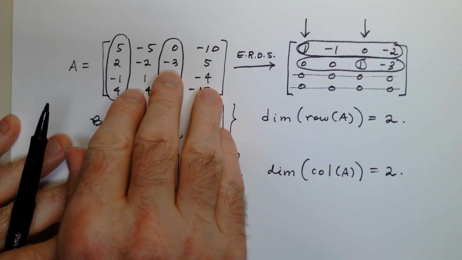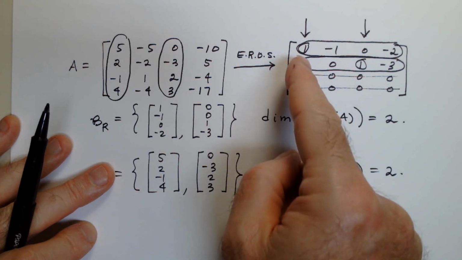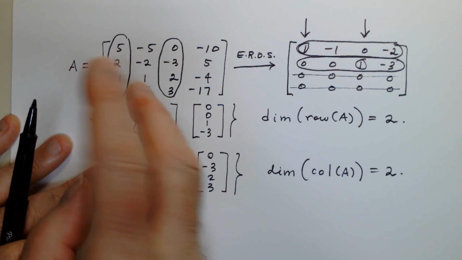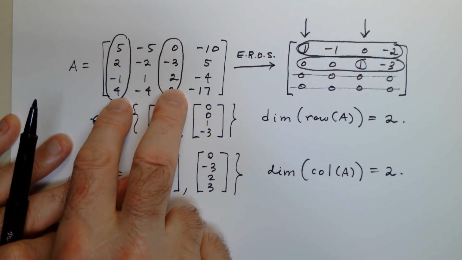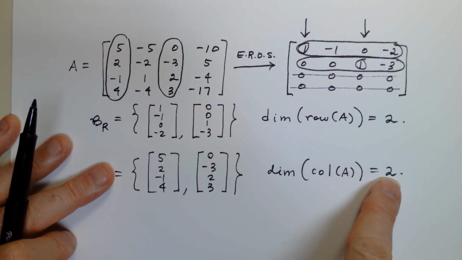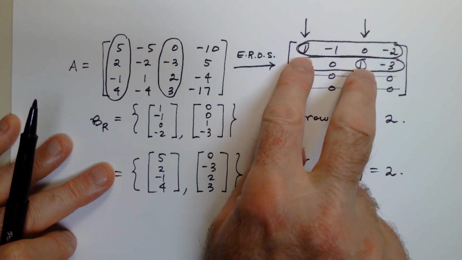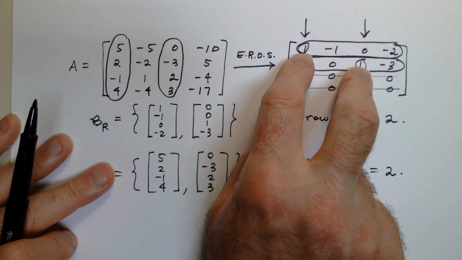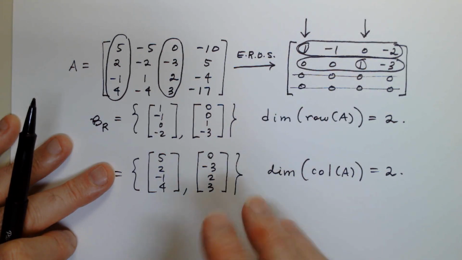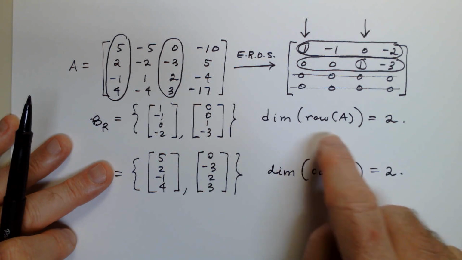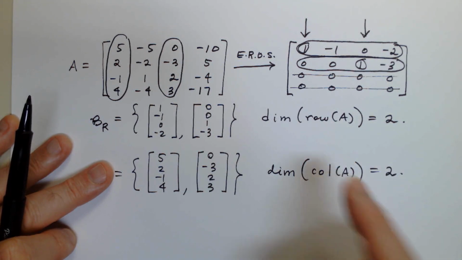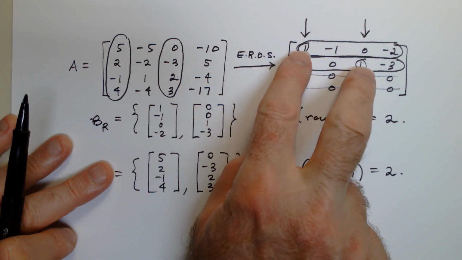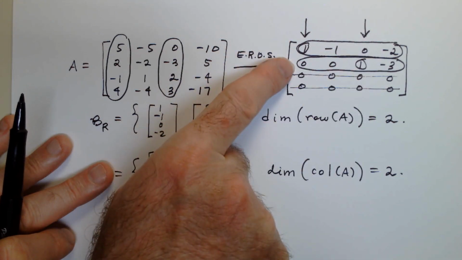You'd take your general matrix A, you'd row reduce it, and you'd look for the columns that contain the leading 1s, and you'd refer back to the original matrix and grab those associated columns. But the point is that number 2 is completely explainable, therefore, by the total number of leading 1s in the row reduced echelon form. So what we're seeing here, the general principle that's at play, is that the reason why the row and the column space have the same dimensions is because they're both referring to exactly the same thing, the number of leading 1s.